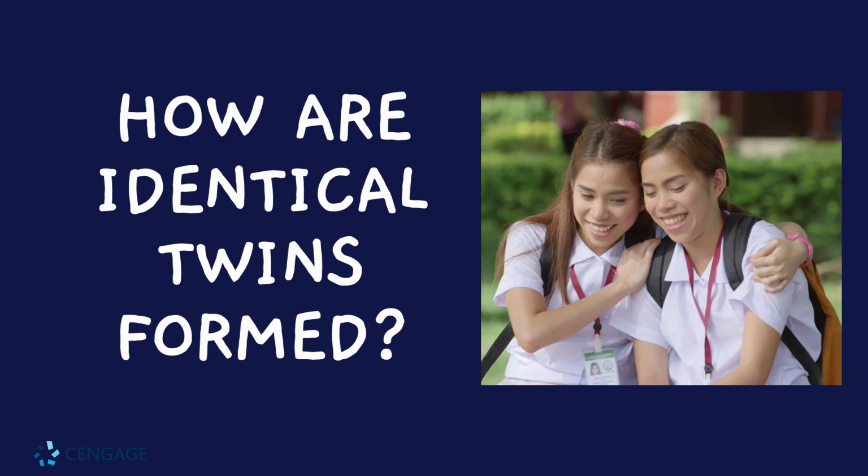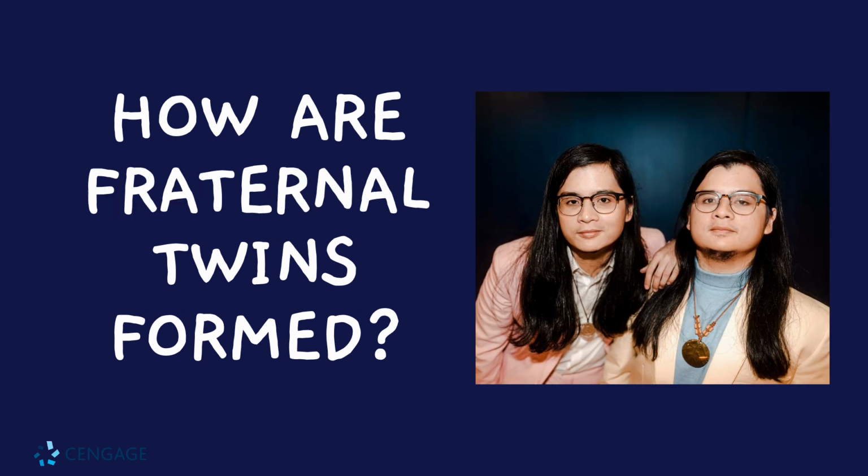So, they were housemates in PBB, George and Jai. And then, how are fraternal twins formed? So, our example of fraternal twins is the two vocalists or two singers of Ben and Ben. They are actually fraternal twins.